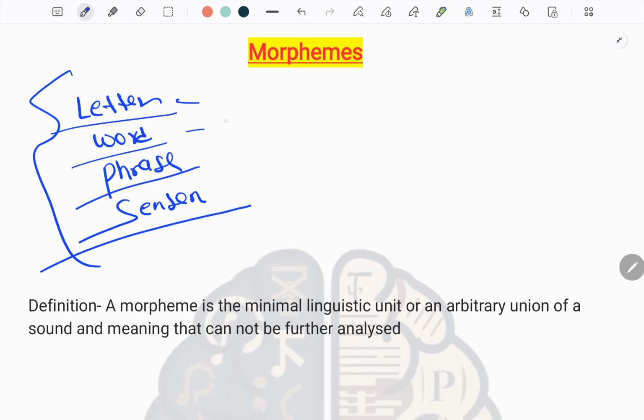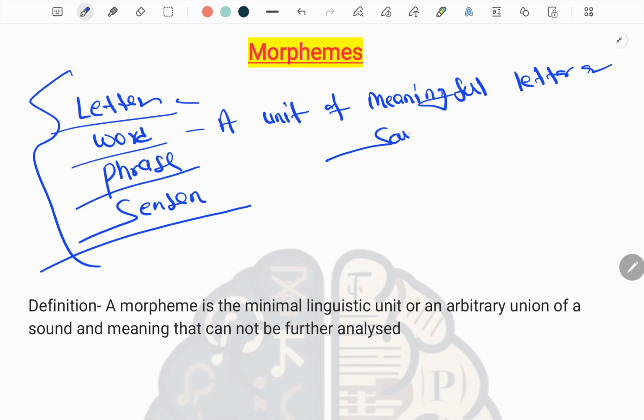Or we can also say a unit of meaningful letters or sound segments is known to be a word.